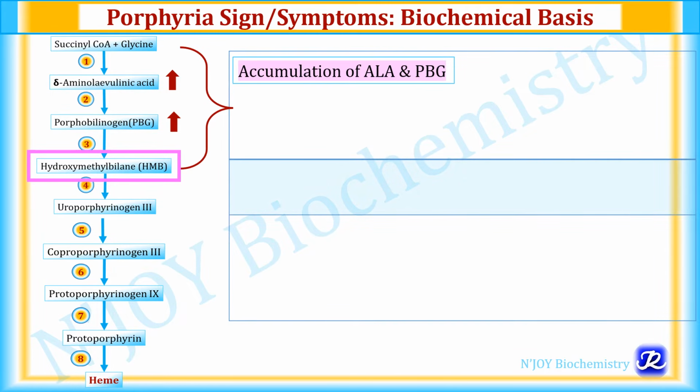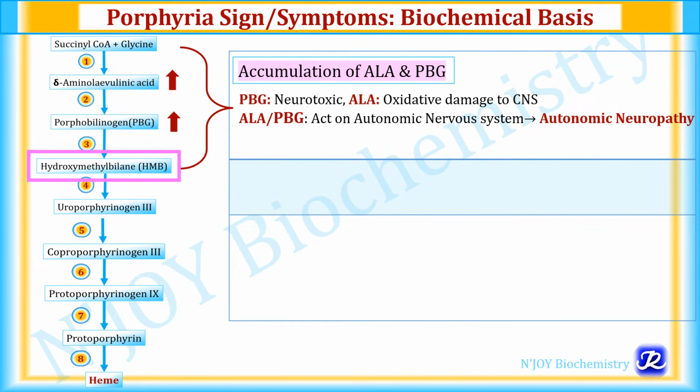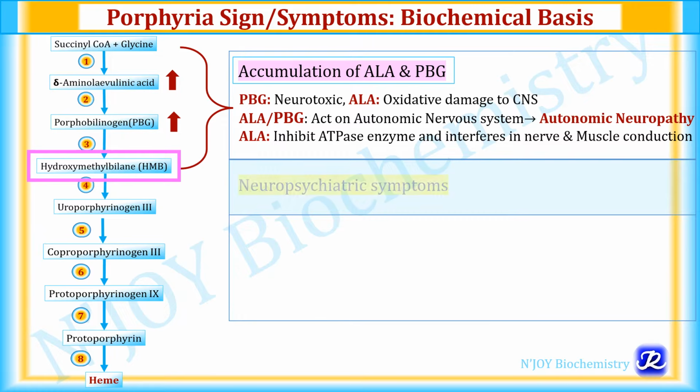The exact mechanism of neuropsychiatric symptoms and abdominal pain is not clearly known, but it is believed that porphobilinogen is neurotoxic and ALA causes oxidative damage to the CNS. Both ALA and PBG act on the autonomic nervous system, resulting in autonomic neuropathy. ALA inhibits ATPase enzyme and interferes with nerve and muscle conduction.